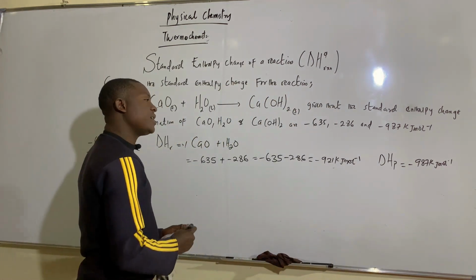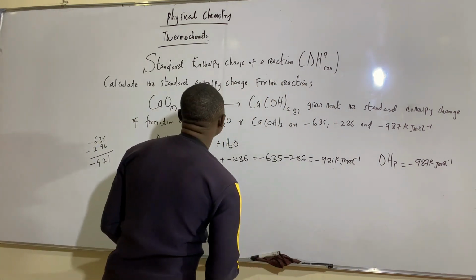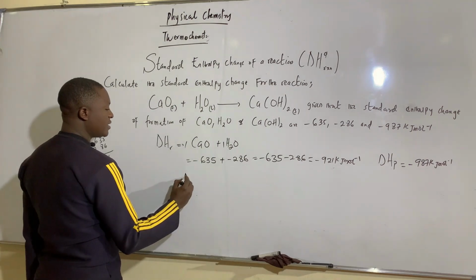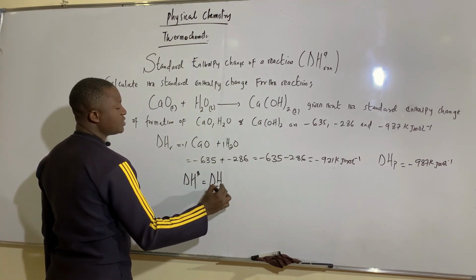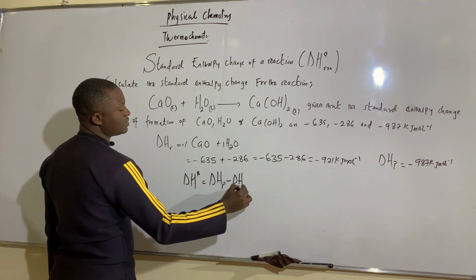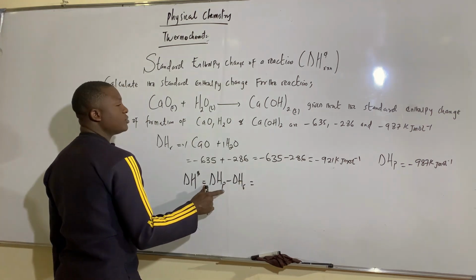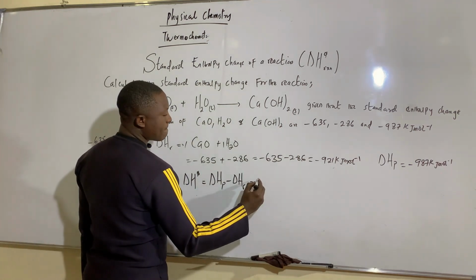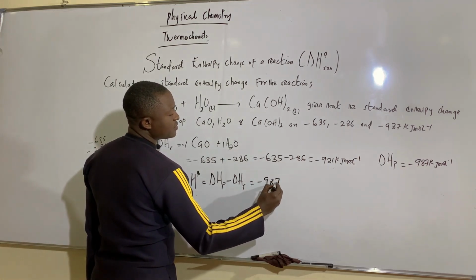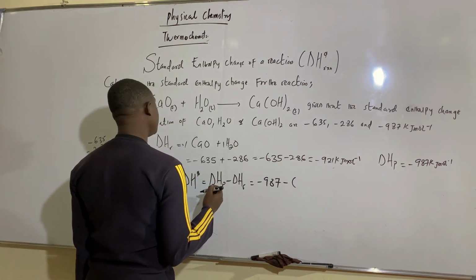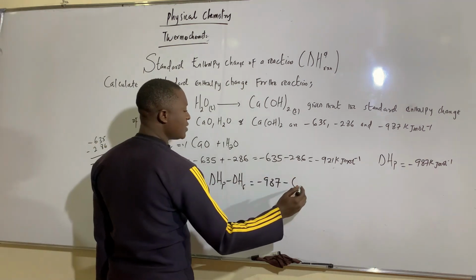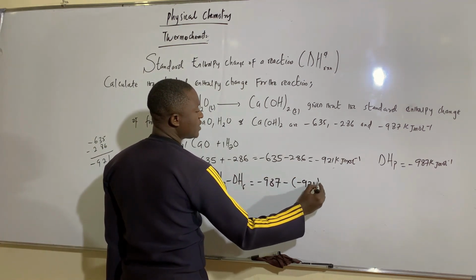So the next step is to find the total standard enthalpy change for this. So standard enthalpy change for this reaction is going to be change in heat of the product minus change in heat of the reactant. So what we have at the product is minus 987 minus, what we have at the reactant is minus 921. Can you see that?